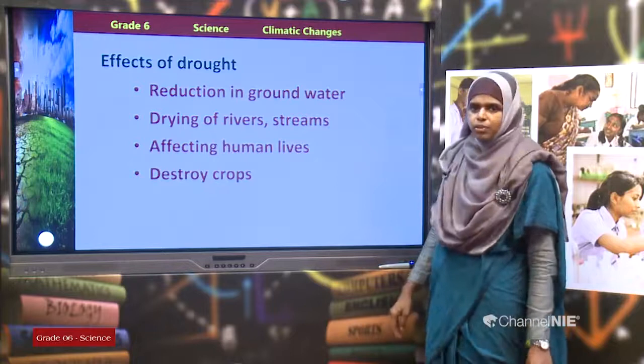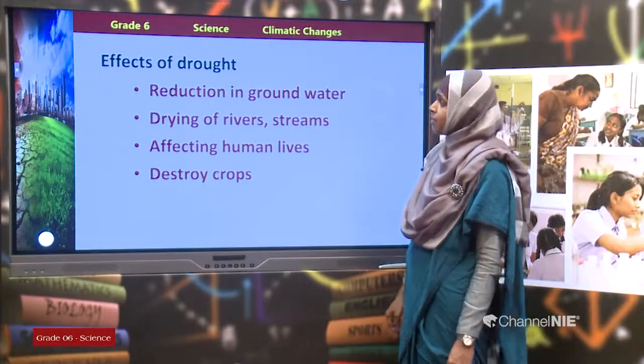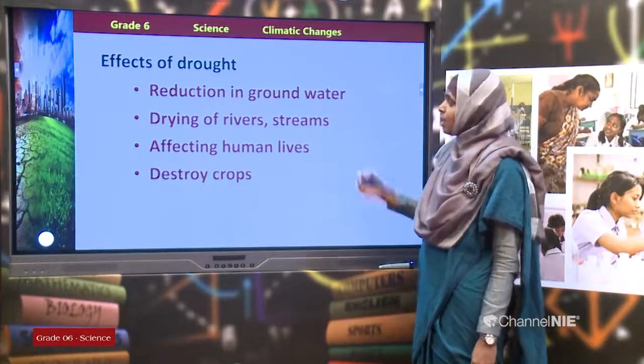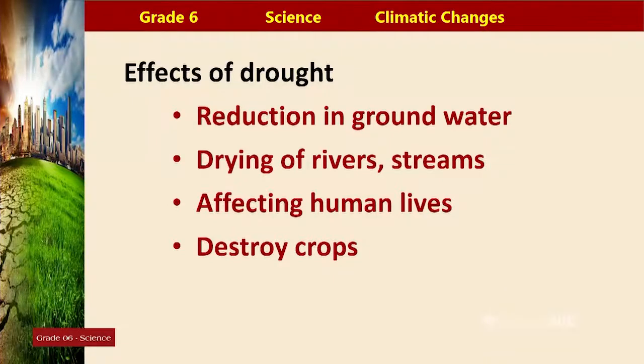What are the effects of drought? Yes, reduction in groundwater. Deep under the earth, there is water, children. This water is called groundwater, right? Due to drought, this groundwater level decreases and decreases. Finally, it will end up in the drying of rivers and streams. All the rivers and streams would dry up and it would affect human lives.